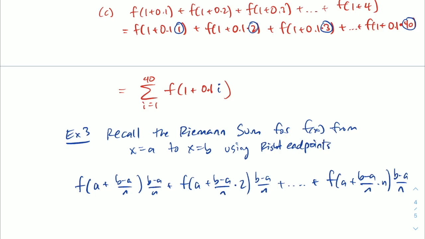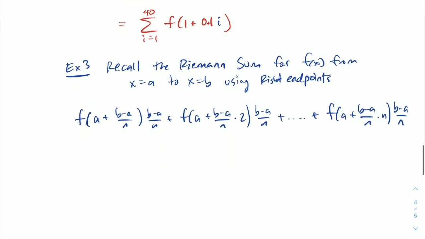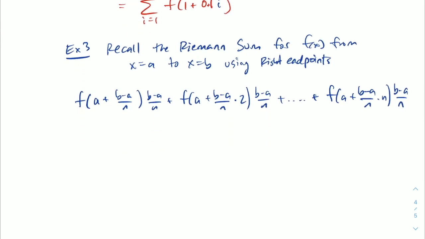All right, so now we can rewrite this using sigma notation. We just have to figure out the pattern, and it's pretty clear what the pattern here is. We have this f of a plus b minus a over n times something each time, and then we have this b minus a over n each time. And the only thing that's changing is our index. We have a 1 here, a 2 here, and then this continues on up to an n.